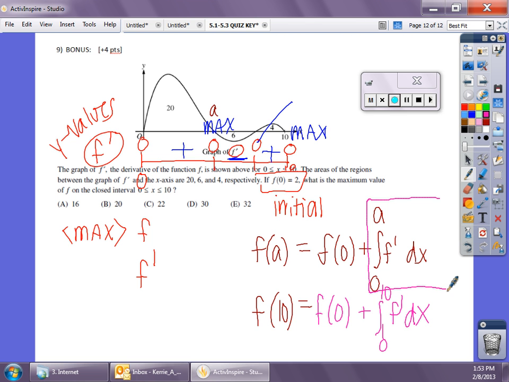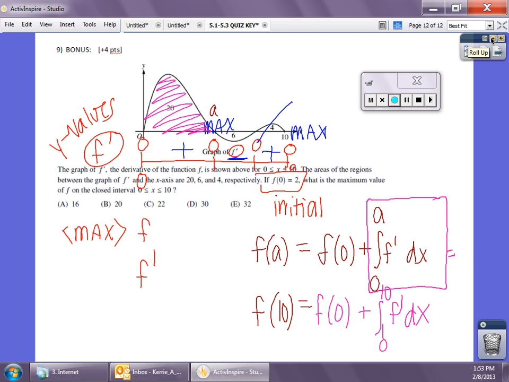So this first integral here, the integral from 0 to A, would be the net signed area of the shaded piece, 20, and then there's no more to deal with. F of 0 is 2, and then plus the net signed area of 20, so we get 22 for f of A. F of 10 would be the net signed area from 0 to 10.